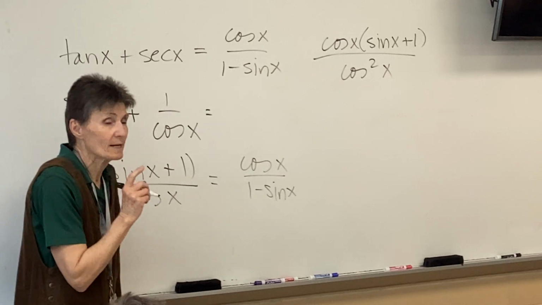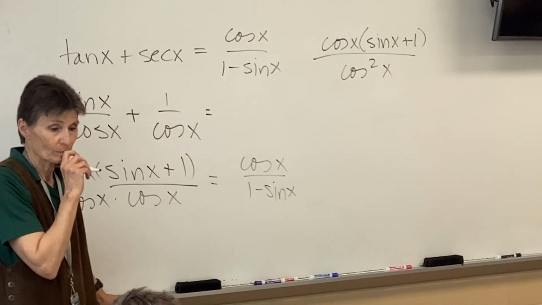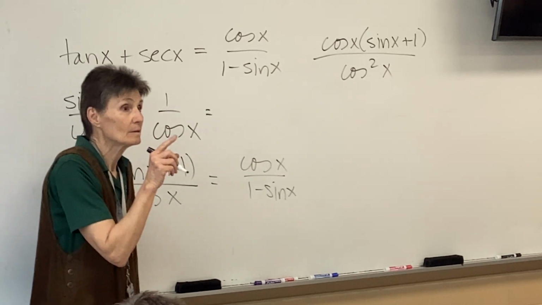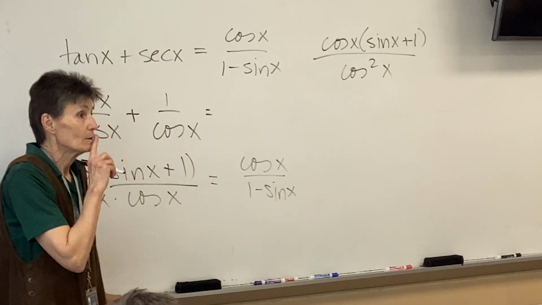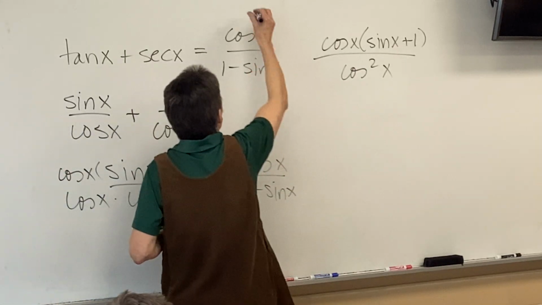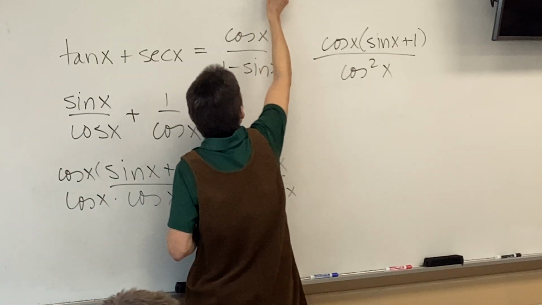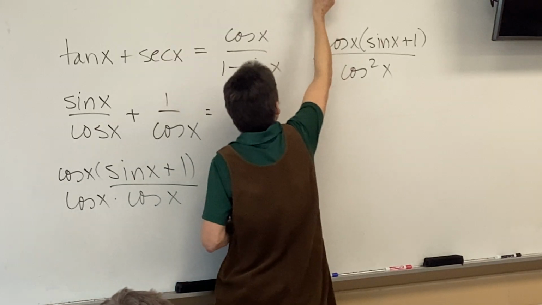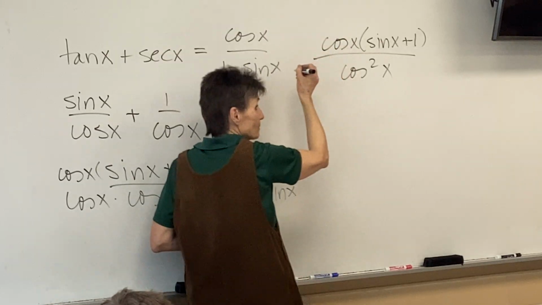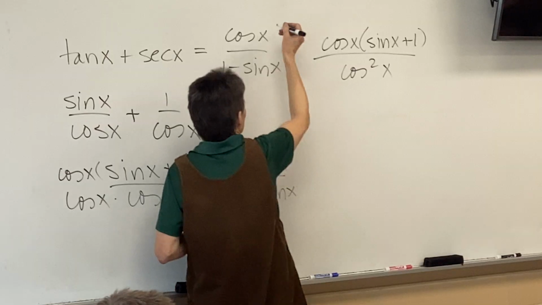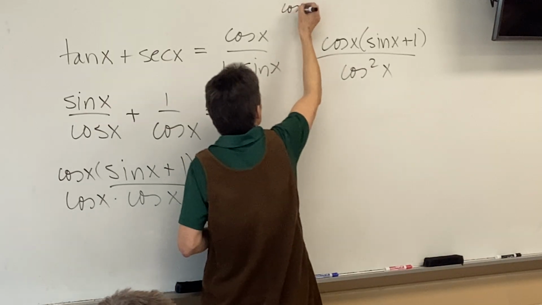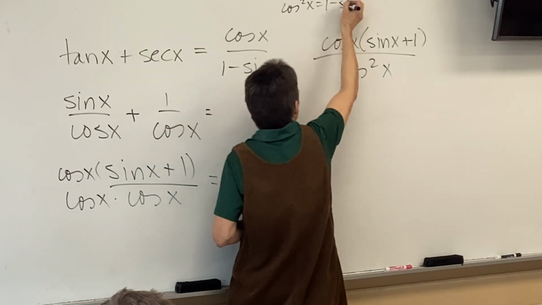What is cosine squared? Sine squared plus cosine squared is 1. So cosine squared is 1 minus sine squared.